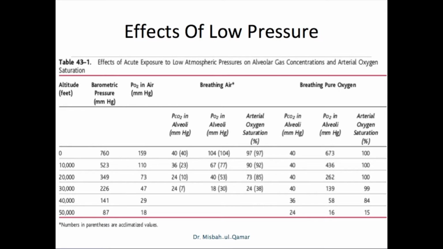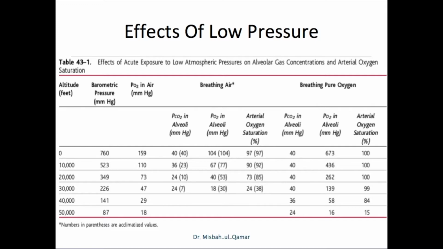You can conclude from it that barometric pressure decreases at increasing altitude, because at sea level the barometric pressure is 760 millimeter of mercury, while at 10,000 feet it is only 523 millimeter of mercury. Further going up, at 50,000 feet, it is only 87 millimeter of mercury.